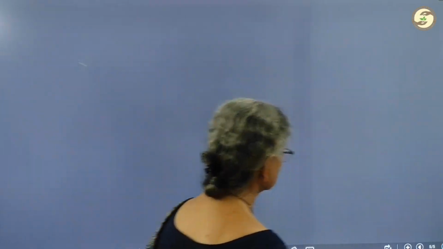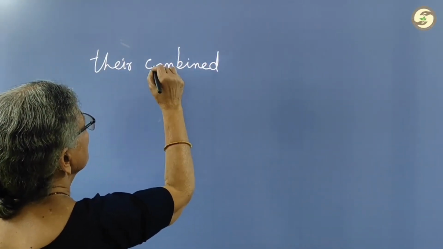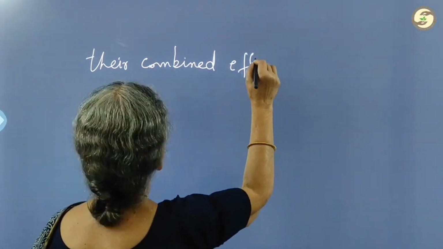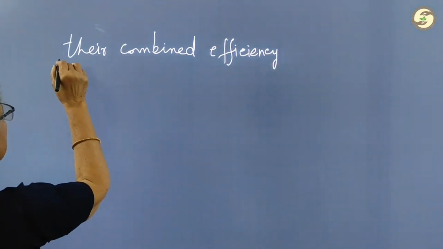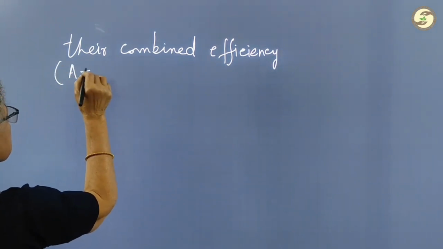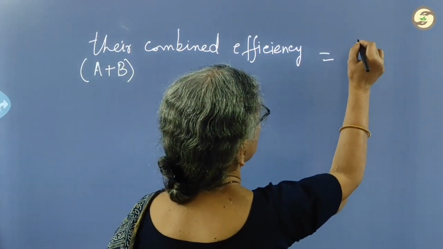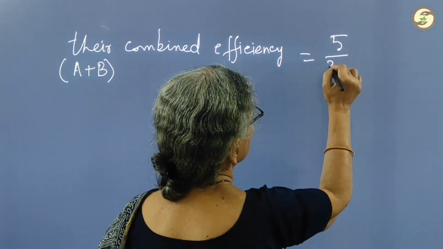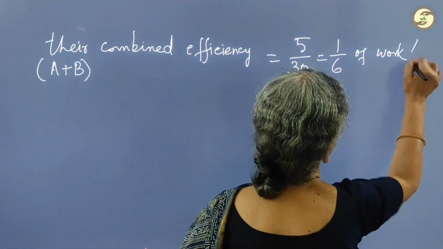The next page. Their combined efficiency, there means A and B. A plus B combined efficiency is 5/30, means 1/6 of the work per day.